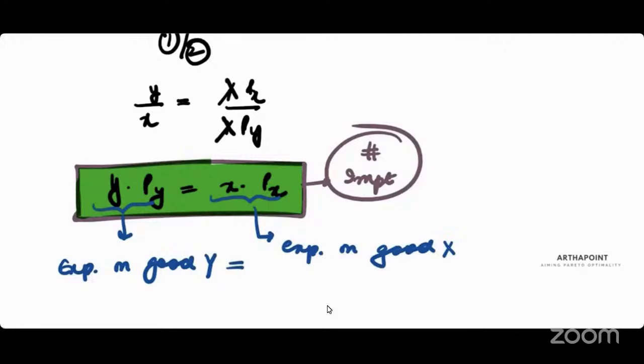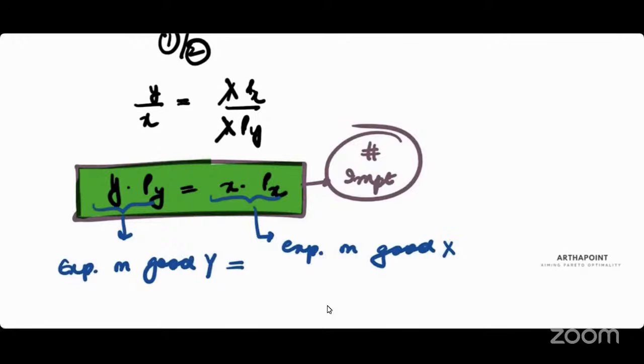This is a very important property of well-defined preferences. The expenditure on the two commodities are the same.